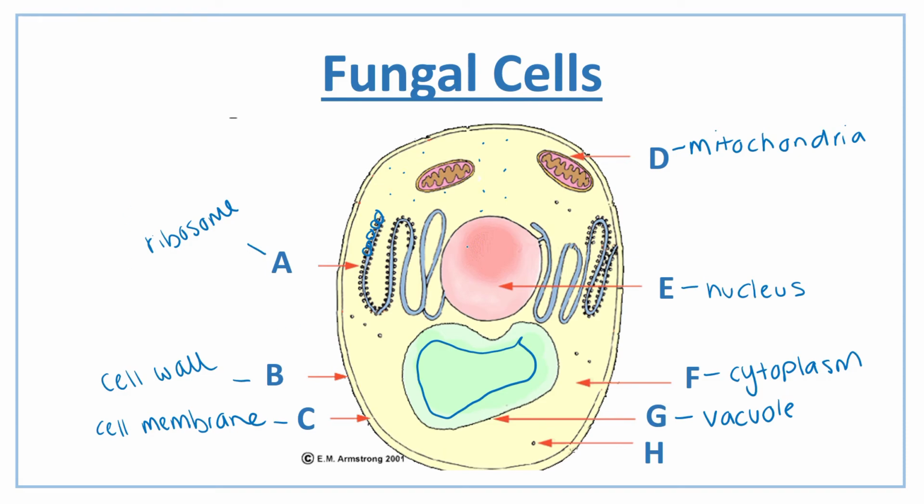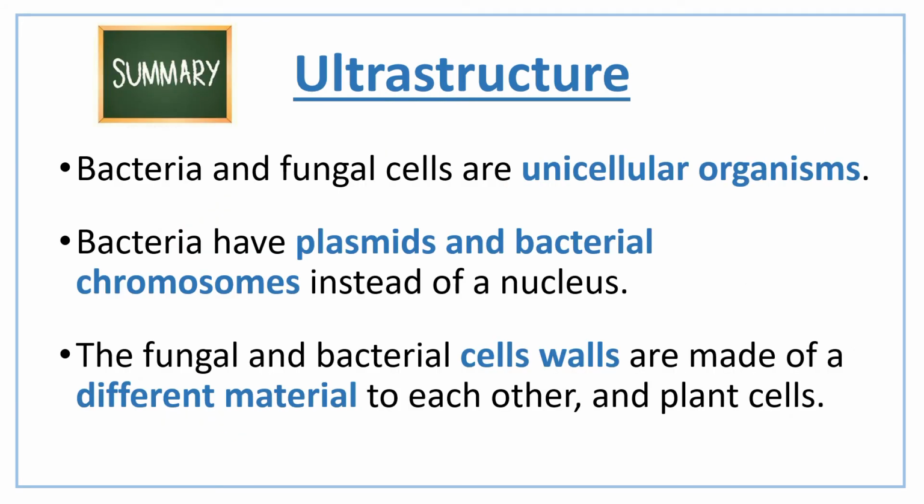And then down the bottom we have H, which is another example of a ribosome. So this cell shows both examples of where you can find a ribosome. They can be attached to the strings like in A, or they can be free floating in the cytoplasm like H.